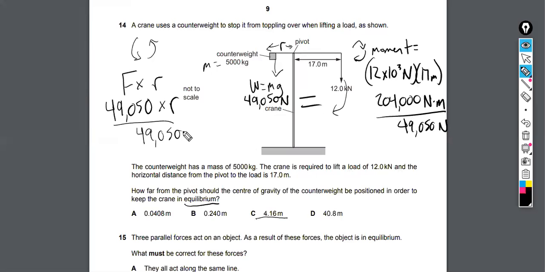And so you must convert the mass given into weight to get 204,000 divided by 49,050. And then we know that R equals 4.159. That's not one of the answers given, so we must have done it wrong. Happened again.